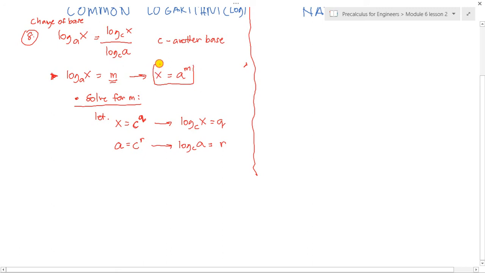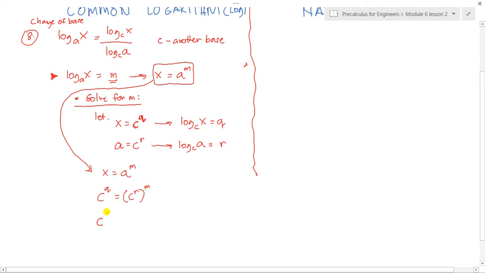So we substitute the values of x and a into x is equal to a^m. The x is equal to c raised to q. So c^q is equal to, with a here being c^r, raised to m.